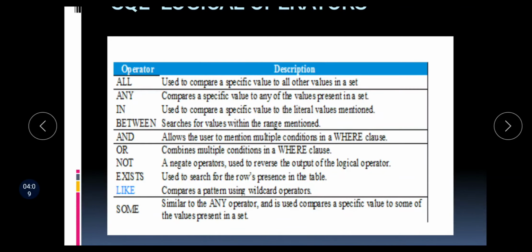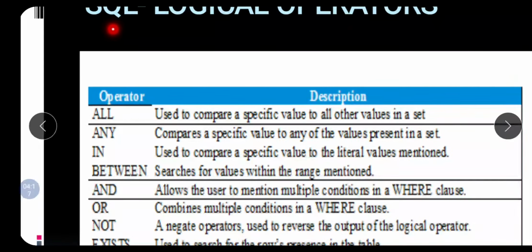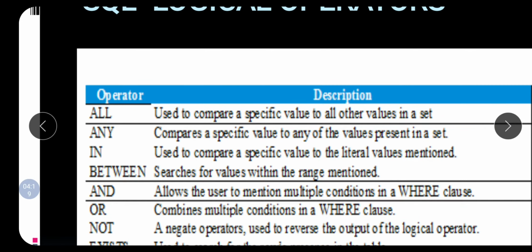Next one, logical operators. ALL is used to compare a specific value to all other values in a set.